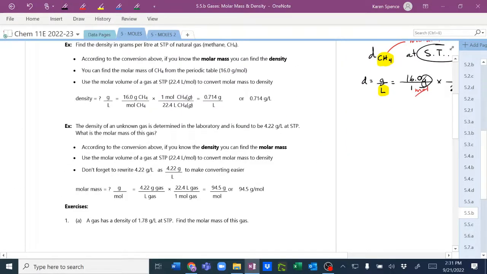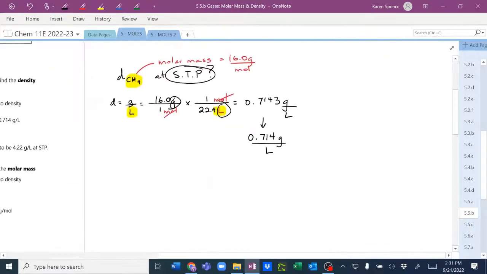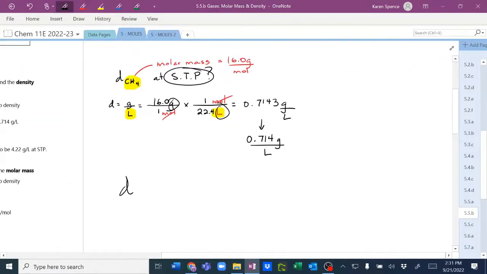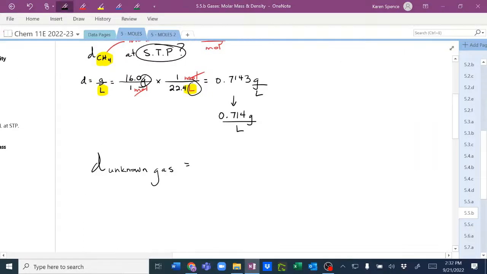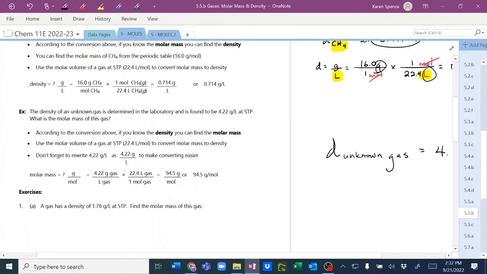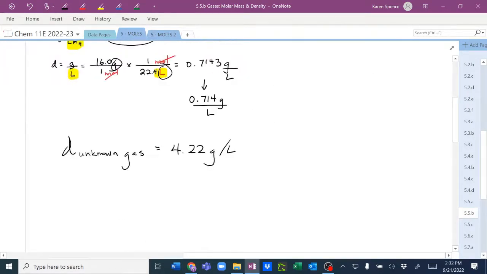Here we go, we have the density of an unknown gas. The density of an unknown gas is 4.22 grams per liter, and we would like to know its molar mass.